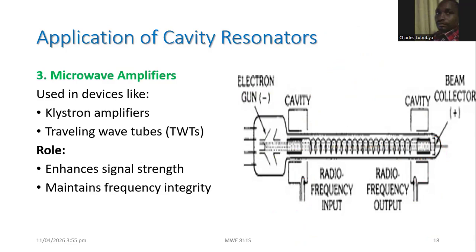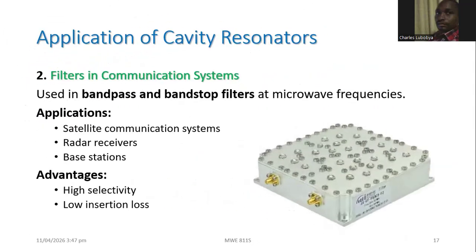The next application where you use cavity resonators is filters. We know filters come in many formats. You have low pass filter, high pass filter, band pass filter, as well as band stop or band rejection filters. Again, what I have here is just an example.